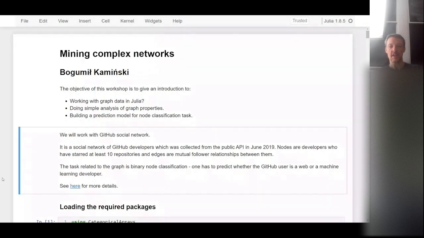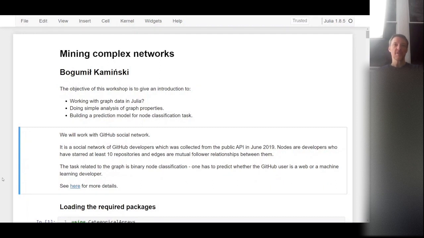And edges are mutual follower relationships between developers. So if I have two developers, first of all, I only look at developers who have starred at least 10 repositories. Why? Because I want to focus on, let's call it, active developers, so developers that are really active on GitHub. And the second thing, okay, how do I define an edge?